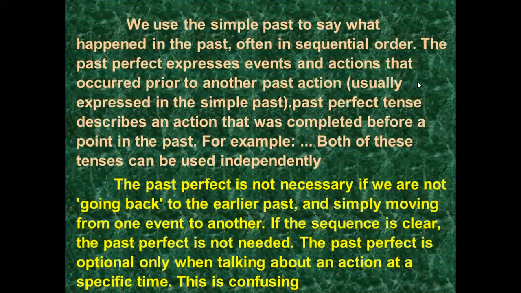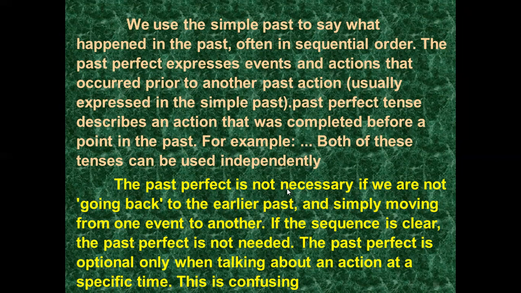We use simple past to say what happened in the past, often in sequential order. The past perfect expresses events and actions that occurred prior to another past action, usually expressed in the past simple. Past perfect tense describes an action that was completed before a point in the past. For example, both of these tenses can be used independently.